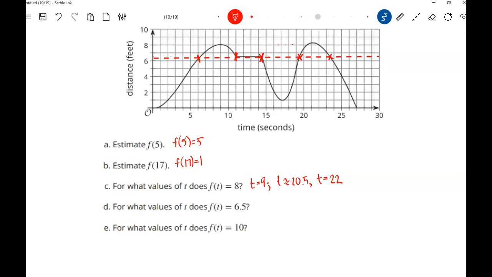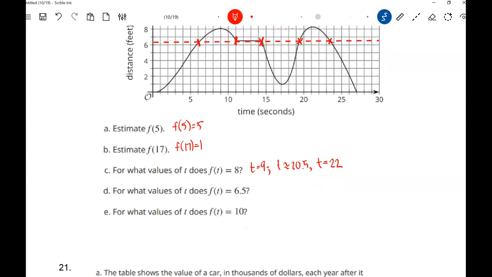So let's write this down. So t equals 6. And then this whole time he's 6.5 feet away. So I'm going to say from 11 to 14.5. Then again at 19.5. Then again at 23.5.